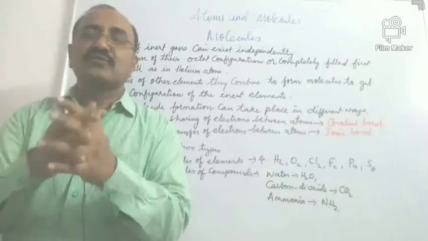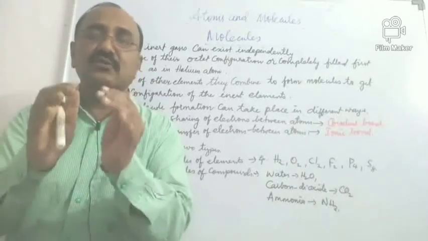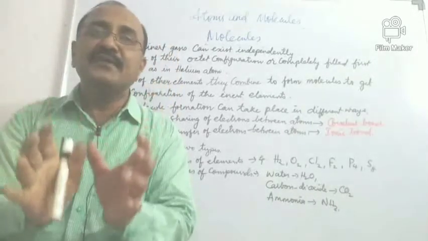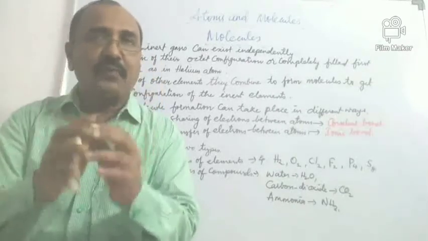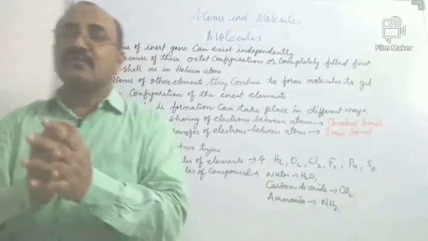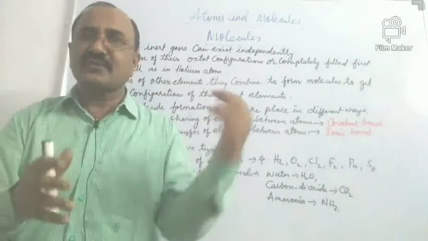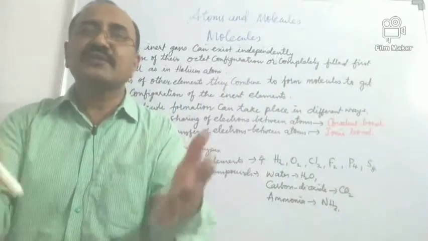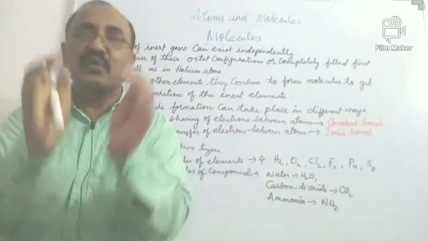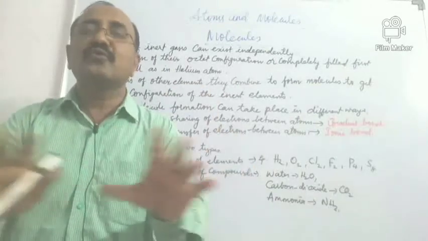Now, what are these molecules? Molecules are independent entities of a substance, of a compound or an element. So children, what are molecules? Atoms are combining to form molecules. What is the reason? They want to become stable. So what do you mean by stability? They are no more going to react with other things.